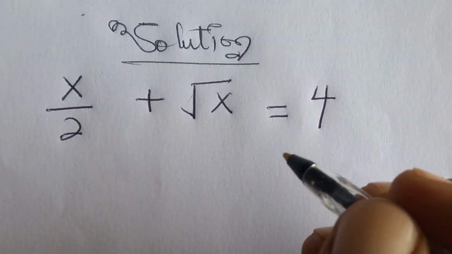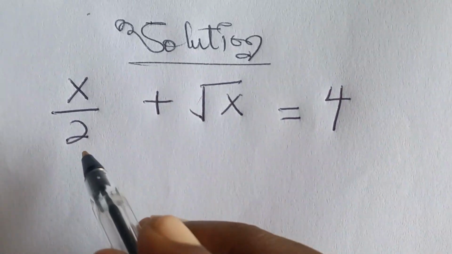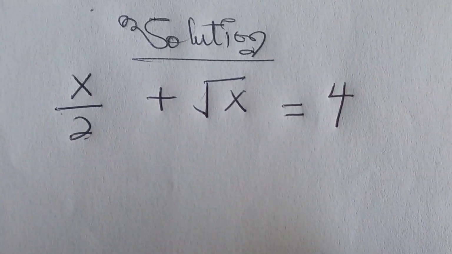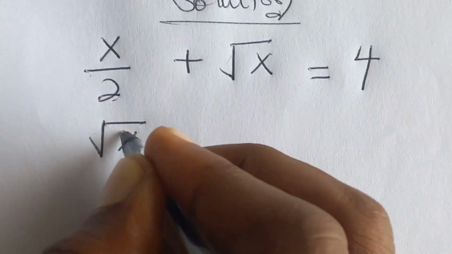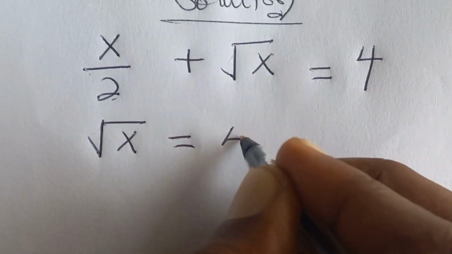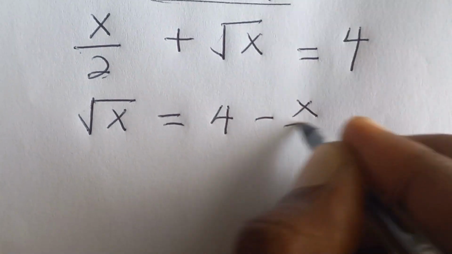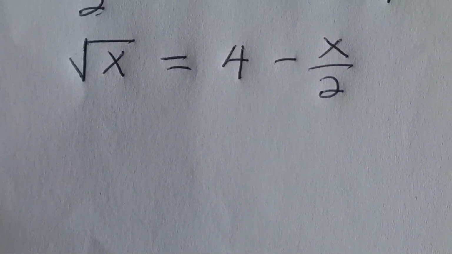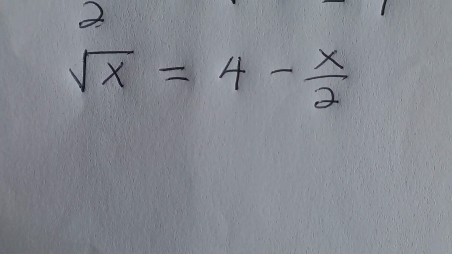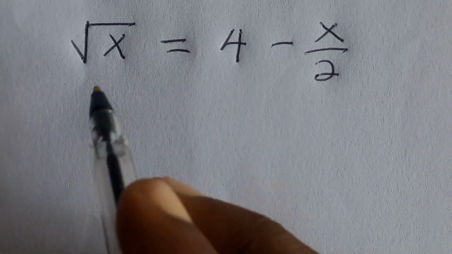So from here, let us send x on 2 to the left hand side, which results in square root of x is equal to 4 minus x on 2. And from here, let's get rid of the square root.